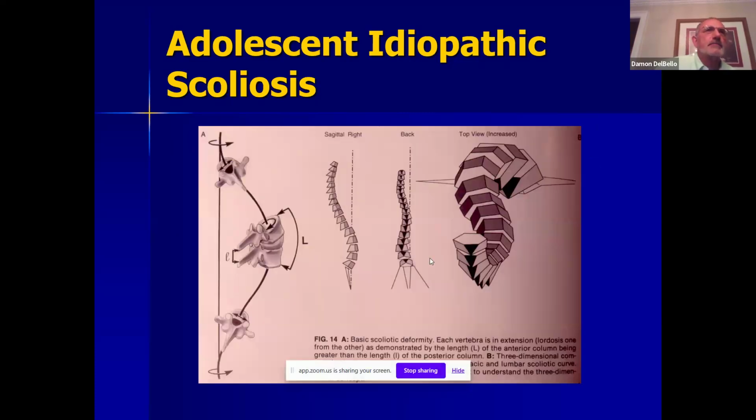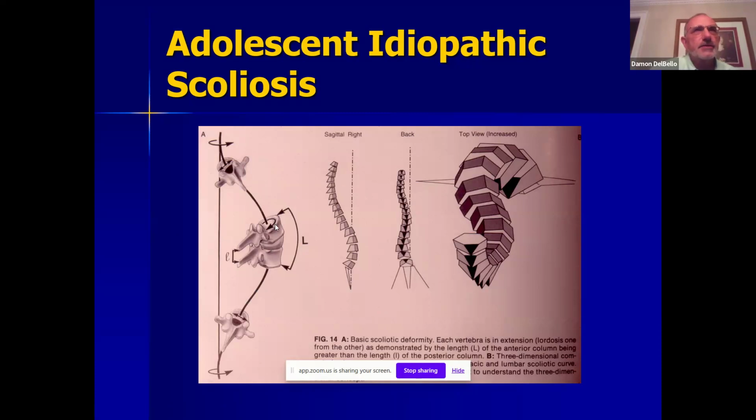Now, why do we get changes in lung volume and cor pulmonale? It really has to do with the fact that this is a three-dimensional disease with significant rotation of the spine. In fact, some people feel that the rotation is the primary problem, not the lateral curvature. But they all are linked and go together.